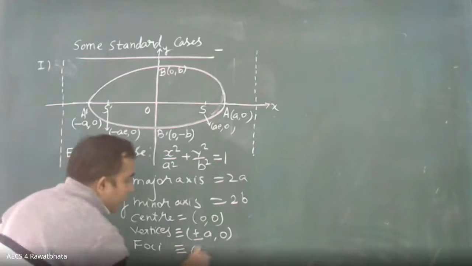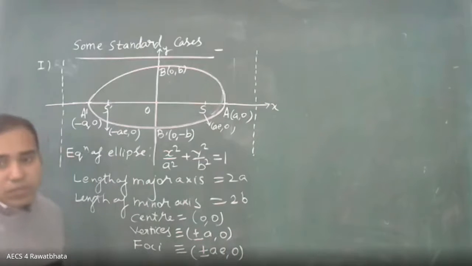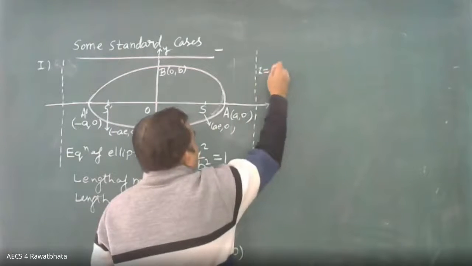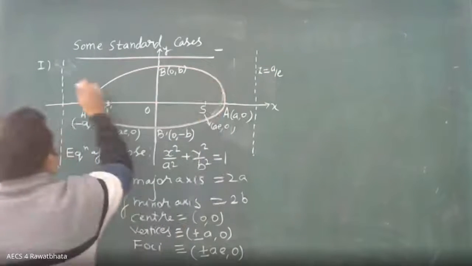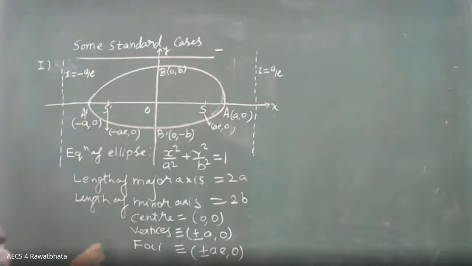So foci coordinates will be plus minus ae comma 0. Right, students? And directrices: this directrix equation is given by x equal to a upon e, and this directrix is given by x equal to minus a upon e. So equations of directrices, I'll write here.